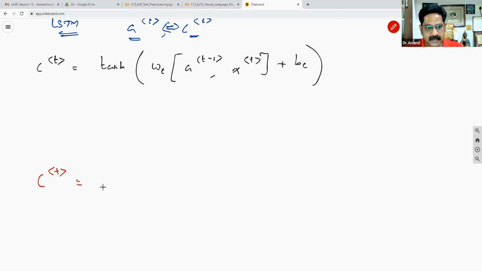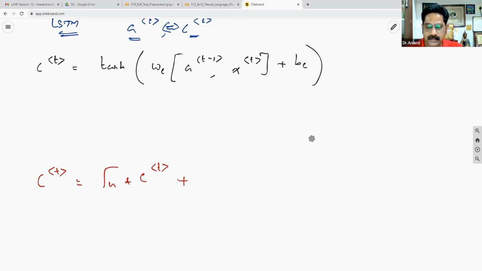Now C of t is represented as update gate times, we are introducing a scaling factor for my current memory in the form of tau u, same as your GRU. But look at this portion, this portion is different. In GRU, we used 1 minus tau of u itself, right?